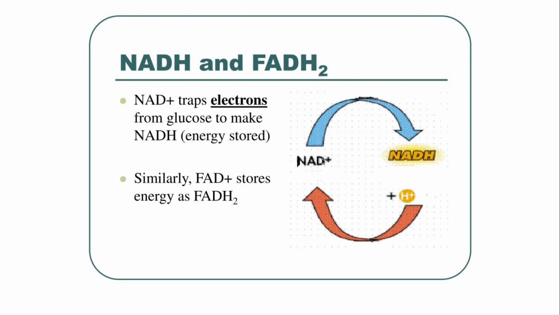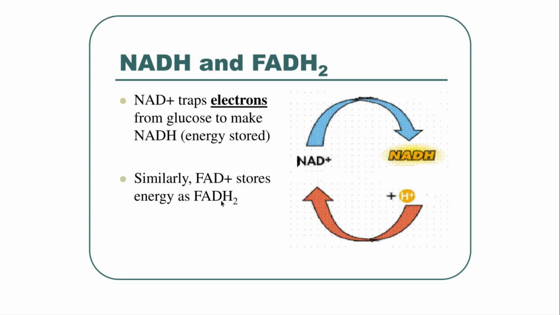NAD+ is able to take electrons, and when electrons come in, very often you will have an H+, a proton, also tagging along. So NADH is a high energy state where electrons along with protons are captured. It's a charged molecule. Same thing with FAD+. FAD+ stores energy as FADH2.